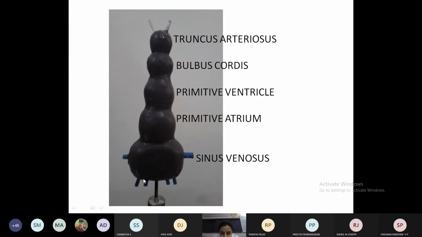At the floor of the sinus venosus, we have 3 pairs of veins which drain into it.